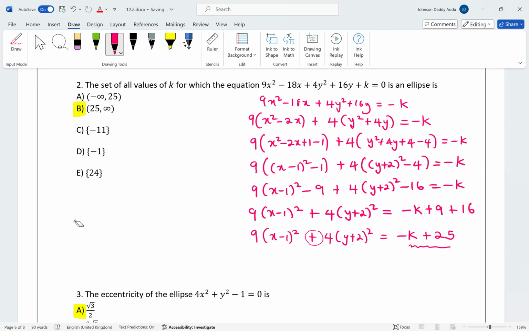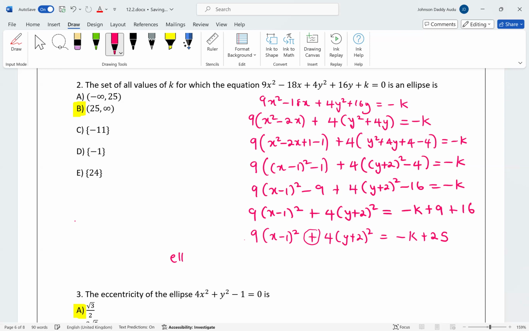For example, let's assume here is minus 2. You have to make it 1 for it to be an ellipse. If you divide by minus 2, you have negative here and negative here. But for an ellipse, this is always positive between the x and y. So remember what we have here is minus k plus 25.